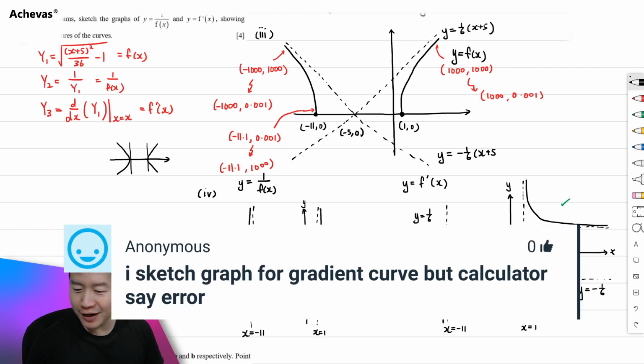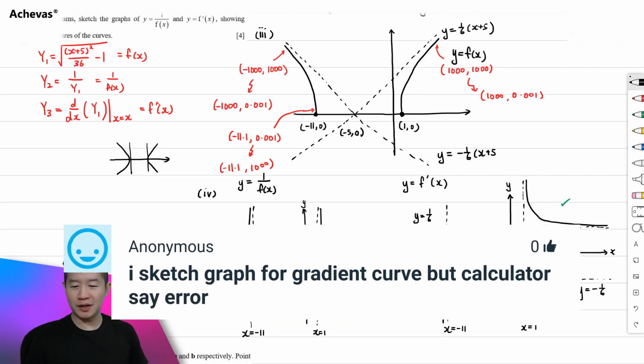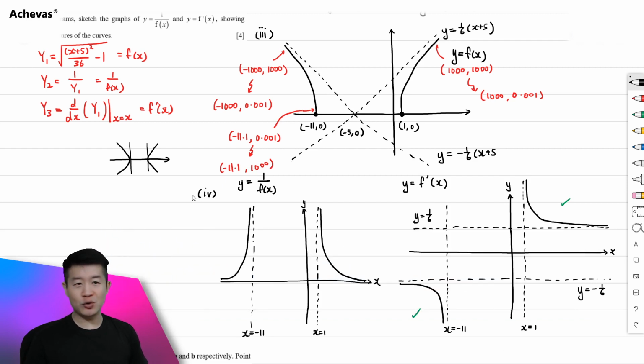I can't really tell why the calculator will give an error. I don't really have an answer unless I sketch it myself now. But in general, this y3 thing should work. In general, it should work.